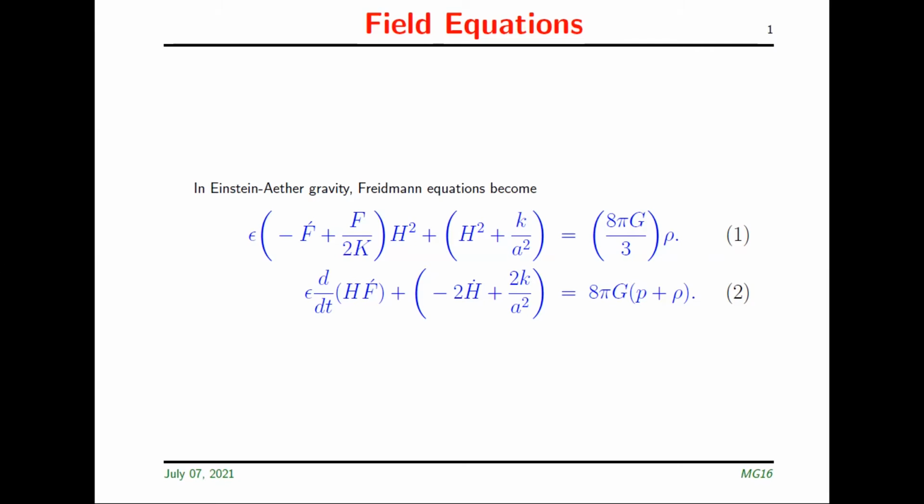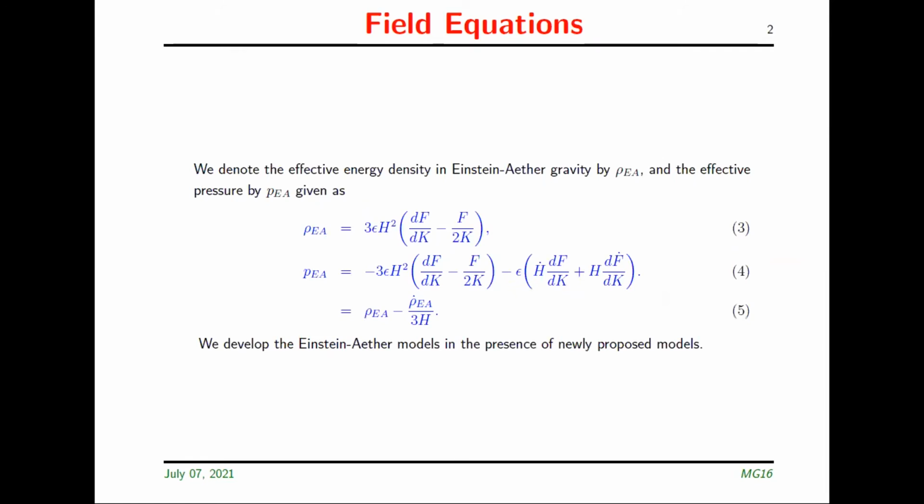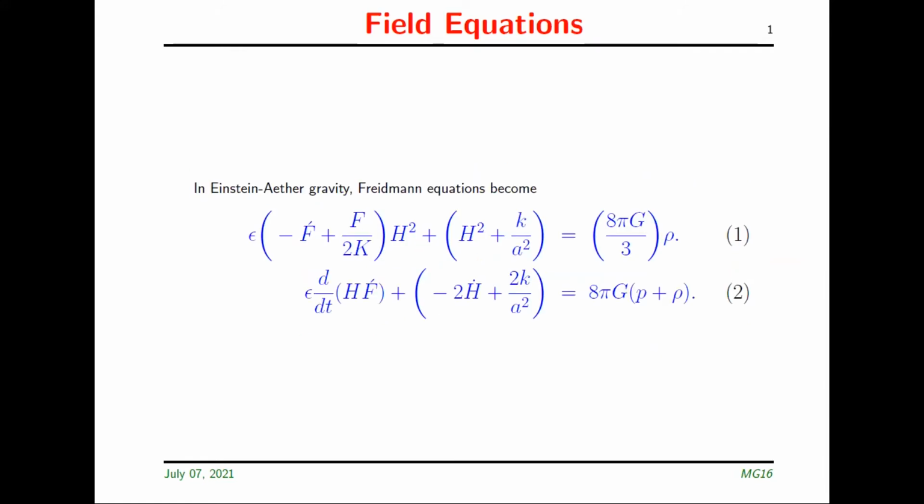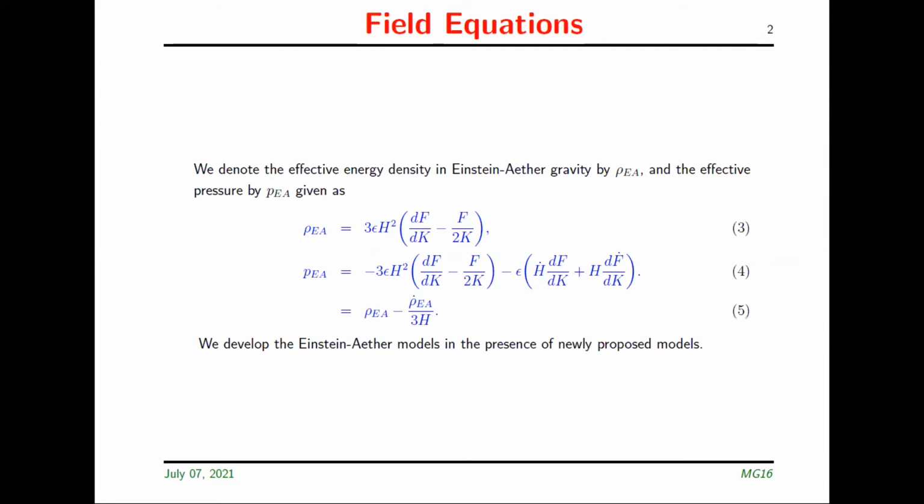In this case, the left hand side represents the geometry part of the universe, and the right hand side means the matter part, the energy momentum part, of the universe. These equations can also be described in a different way, in effective form, in equations 3 and 4.